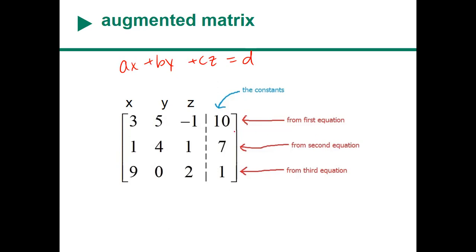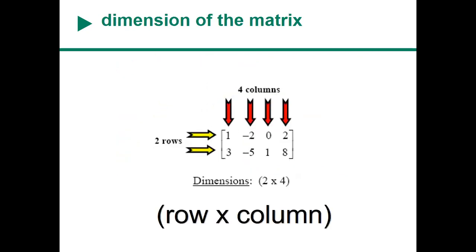The first row represents your first equation in standard form, the second row is your second equation in standard form, and your third row is your third equation in standard form, listing out only the coefficients and the constants. Basically, when people create a matrix, they want to eliminate the letters, the extra distraction that may have created some problems. When you're talking about a matrix, the dimensions are row by column.